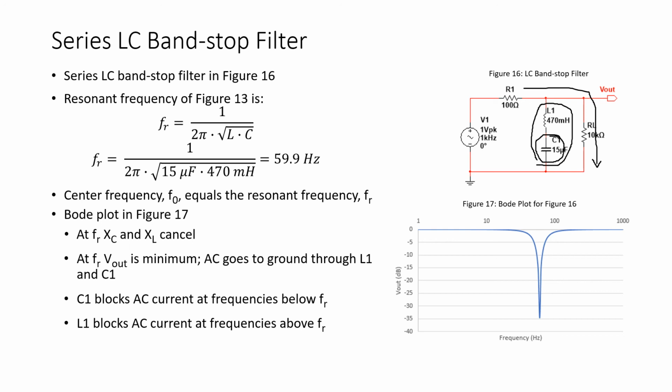So we see from the Bode plot in figure 17 that the output increases at frequencies below resonance. Now, at frequencies above resonance, X sub L now becomes greater than X sub C, but again, we find a large impedance here, so there's an easier path for current to flow through the load resistor, and of course we have a voltage developed, so V out increases at frequencies above resonance.